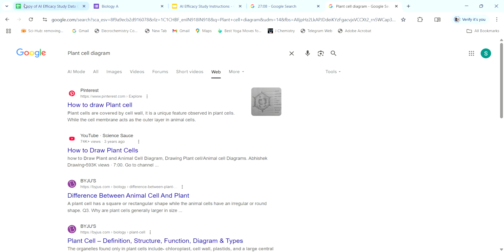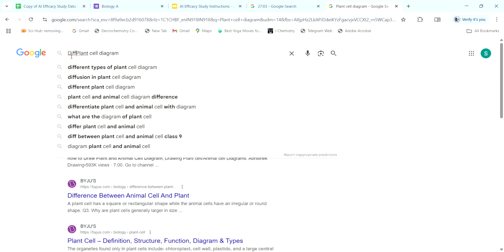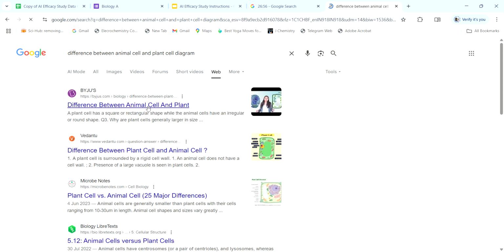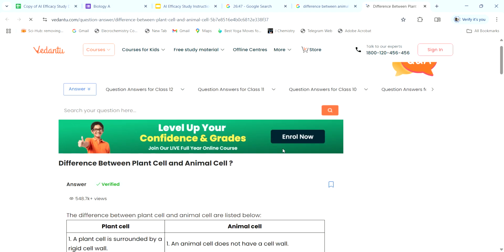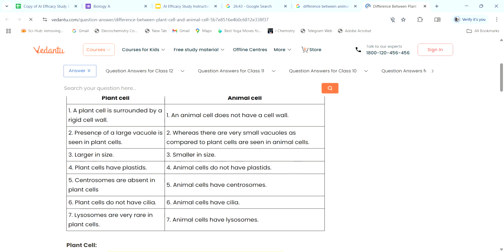Difference between animal and plant cell diagram. So, the plant cell is surrounded by a rigid cell wall. Yes, that is the correct one. The animal cell does not have a cell wall. Okay, in the animal cell there is no cell wall.